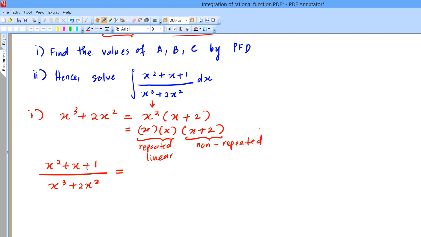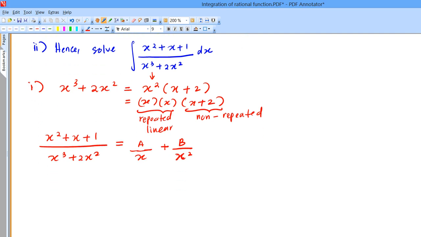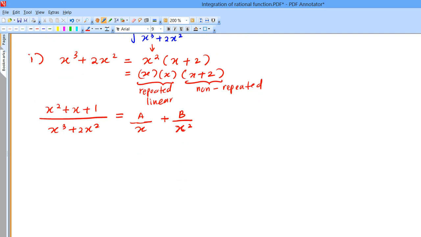For repeated linear, we can write in PFD in the form of a/x + b/x². And then for non-repeated linear, we can write plus c/(x + 2).